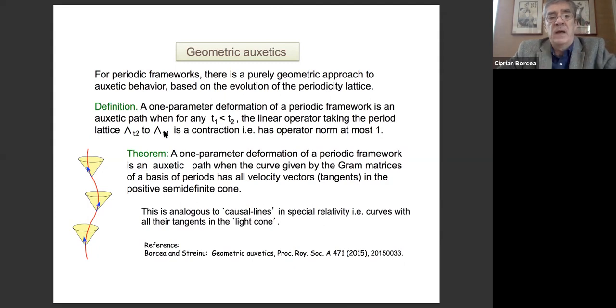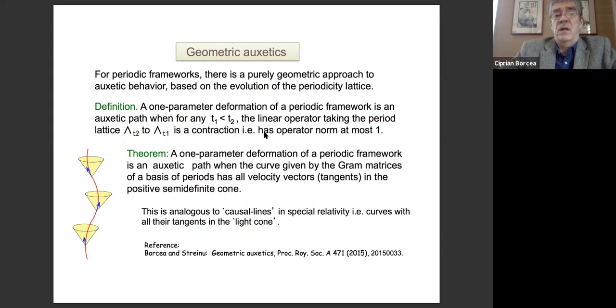We may compare then 2 configurations in this deformation path by the linear map which takes the periodicity basis at moment t1 to that at t2, and this provides a linear operator.